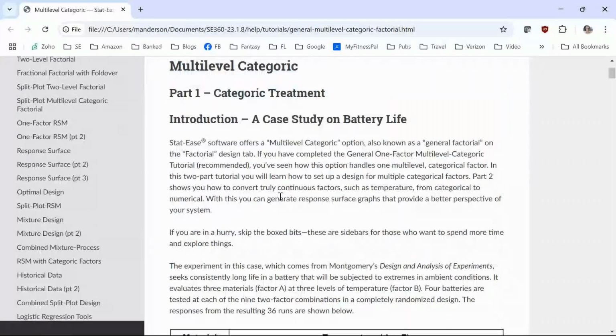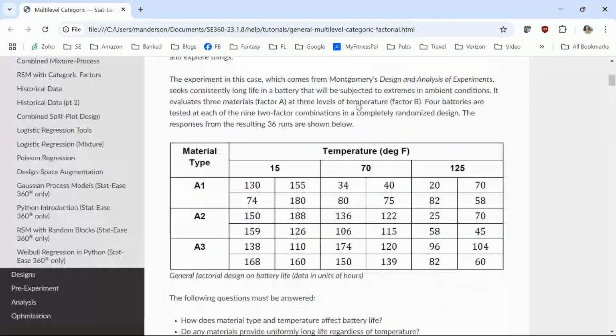So in this case, Doug set up this experiment for his client with the three battery types, material types A1, A2, and A3, three temperatures, and they evidently did this in a totally randomized experiment. And then to build up power, they did four batteries at each combination of conditions.